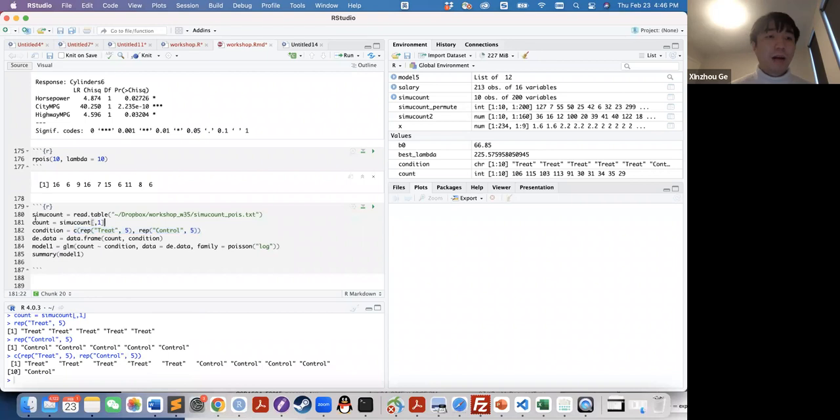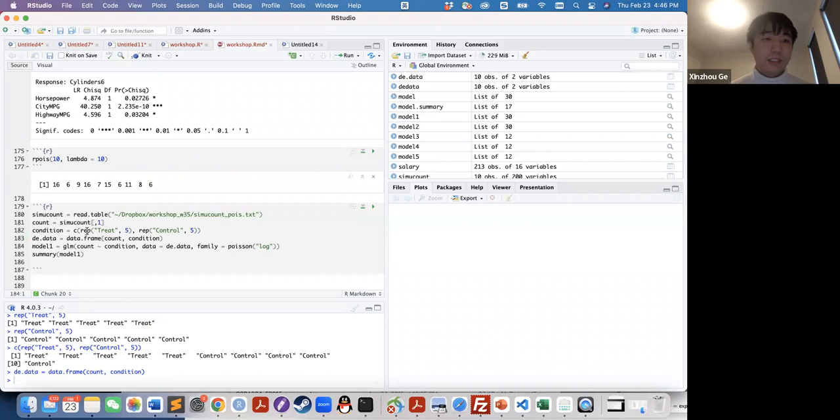And then we can combine these two things together so that the dataset will be in a format similar to our previous regression models. We use this data.frame function to combine these two vectors together, and make each of these two vectors a column of the data frame.